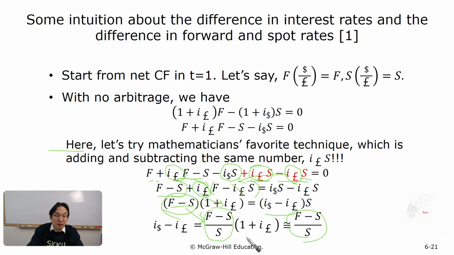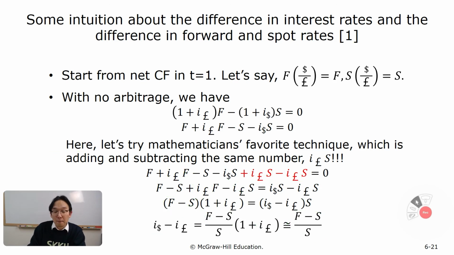And then you will realize that I being a very low number, it will be approximately F minus S over S. That's the interest rate differential between these two currencies approximating the forward rate minus spot rate over spot rate relation.